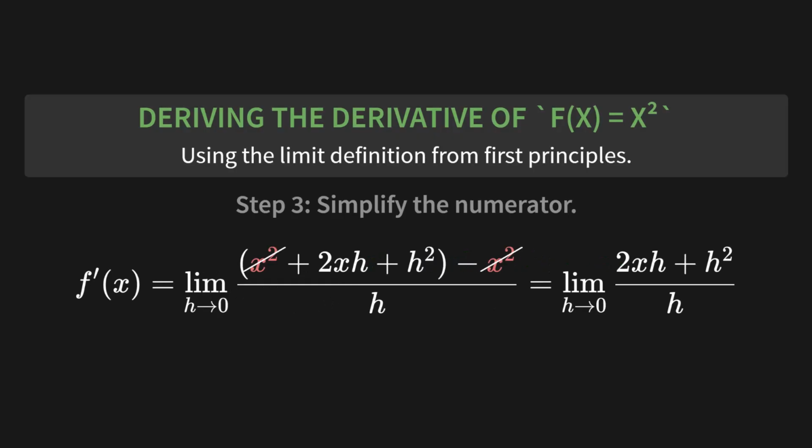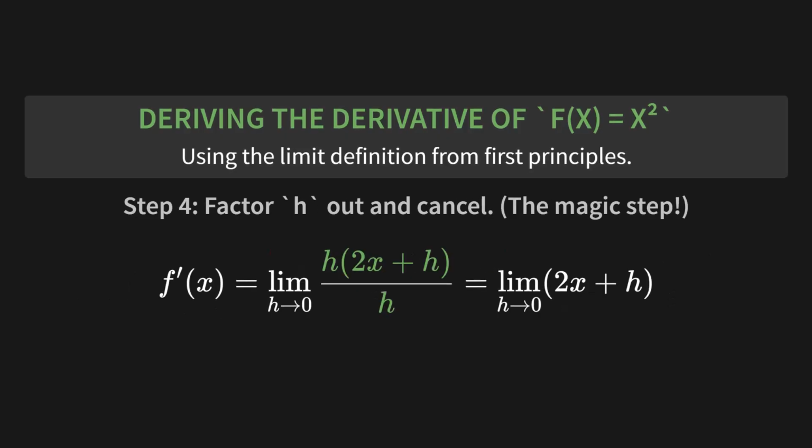Step 3. Simplify the numerator. Now watch this. This is the cool part. We have an x squared at the beginning and a minus x squared at the end. They cancel each other out. This leaves us with the limit as h approaches 0 of 2xh plus h squared divided by h. And cancel. This is the magic step.